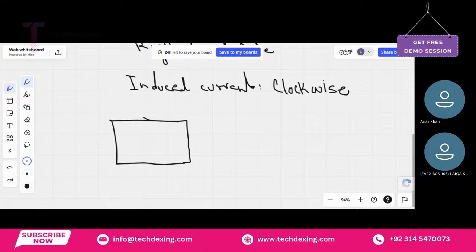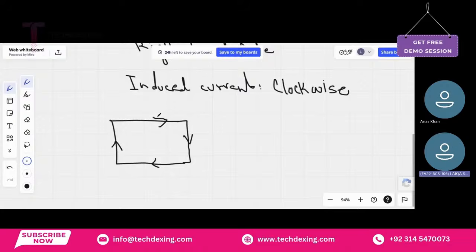So we have to draw the current going in this direction, then coming down, then going in this direction, just like this. Is this clockwise current? Yes, it is. Now, if I ask you the direction of movement of current in the top wire, you can simply say that it is moving from left towards the right.